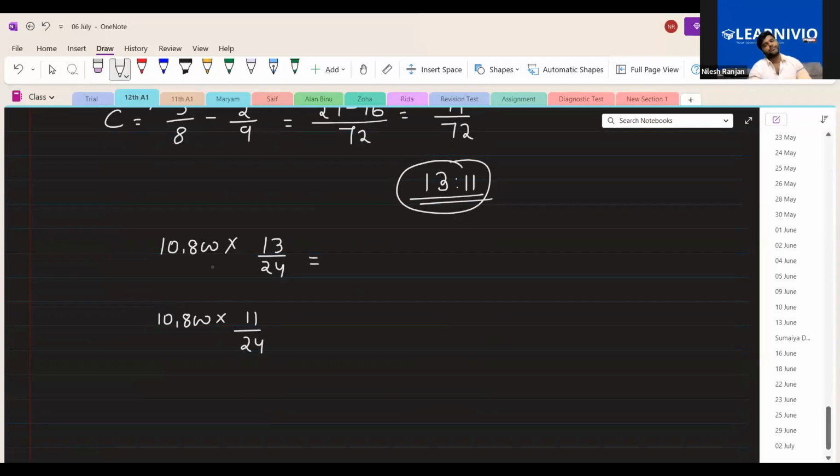So 10,800 divided by 24 gives 5,850 and 4,950.